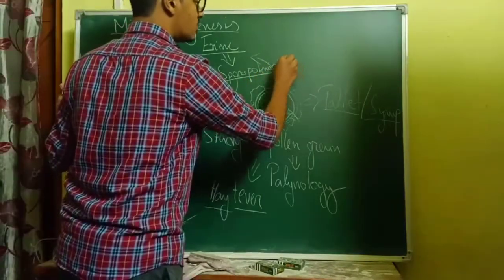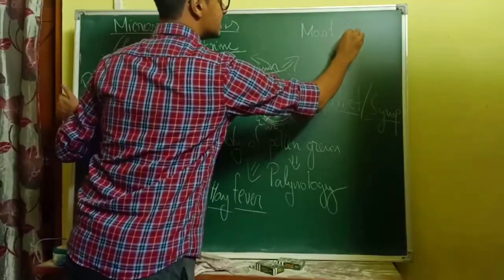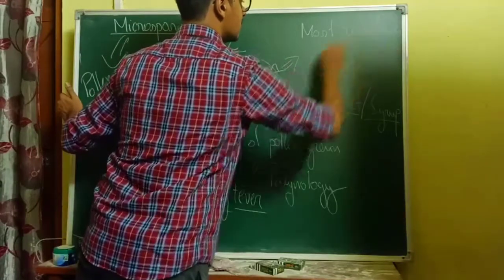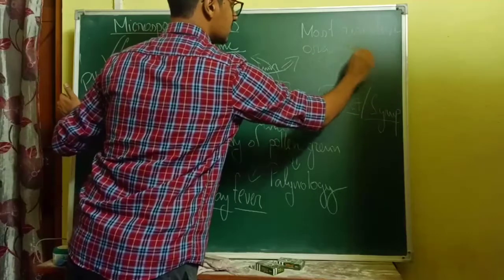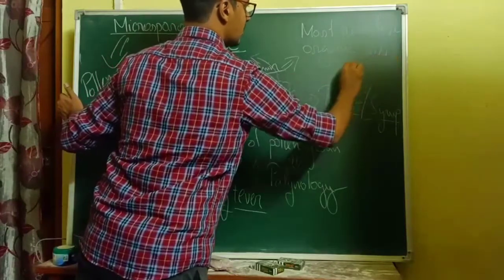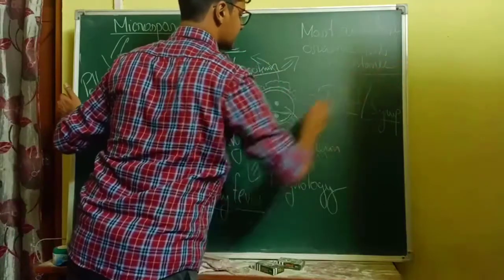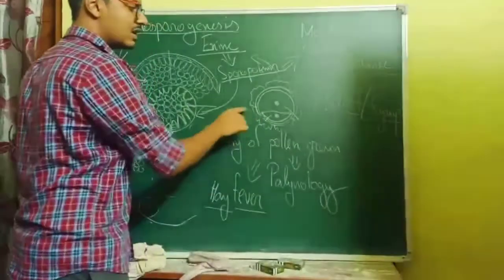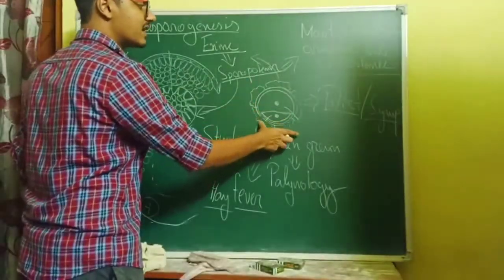Sporopollenin. One more thing about sporopollenin: it is the most resistive organic substance. Why? Because this pollen grain is our male gametophyte, and it gives rise to the male gamete, so it needs to be protected.